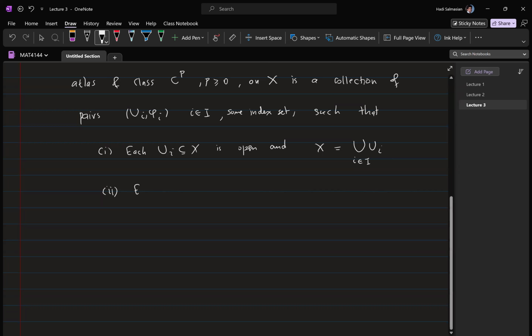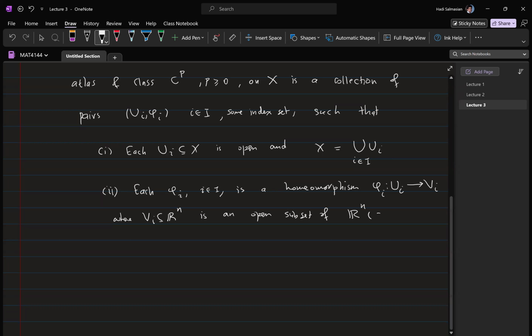So each phi_i is a homeomorphism, phi_i from Ui to some Vi, where Vi is an open subset of Rn for some n.